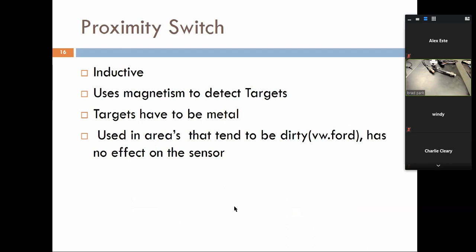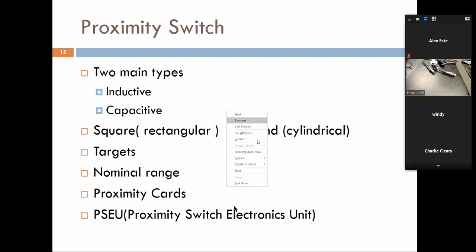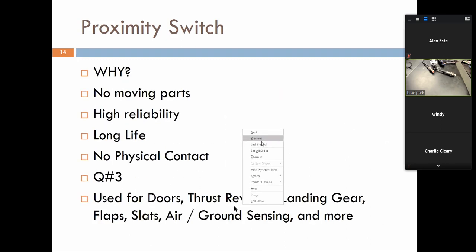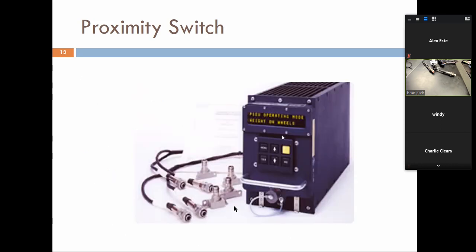So again, inductive. Brad, what are the prox cards? What's the purpose of those? Each sensor would have a proximity card in the box. So then the box can tell what each sensor is doing, and deal with the sensors that way.